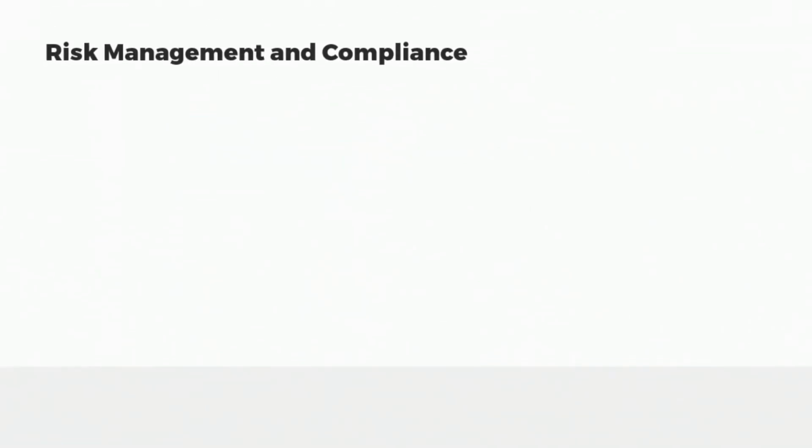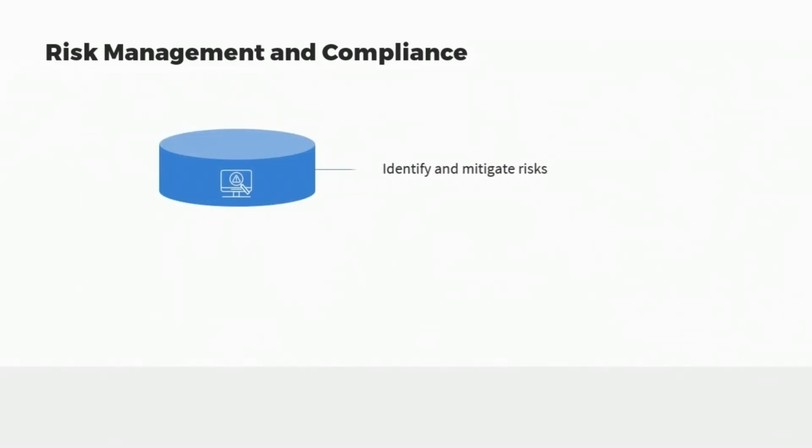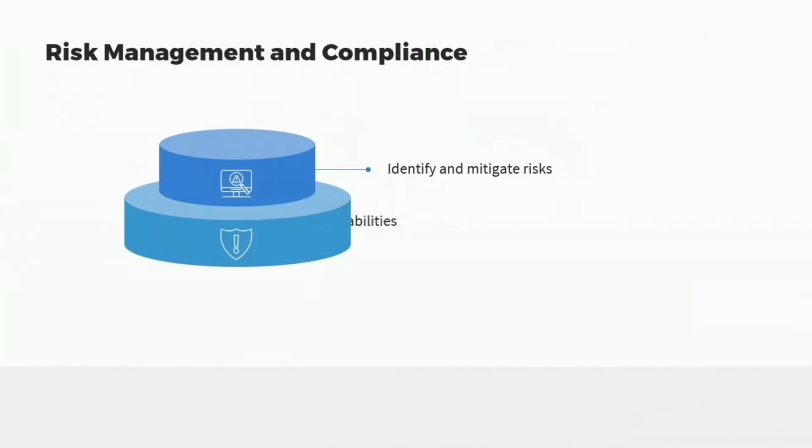Next comes risk management and compliance. Now, identifying and mitigating risks while ensuring compliance with regulations are, of course, essential for sustainable operations. And just because you're using AI doesn't mean that you can get away with not doing those things. Organizations need to proactively identify potential risks and implement measures to mitigate them to prevent disruptions and minimize negative impacts.